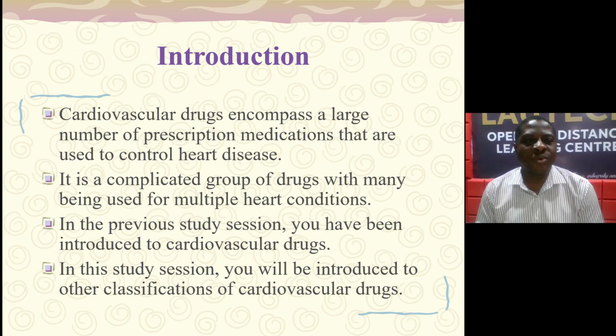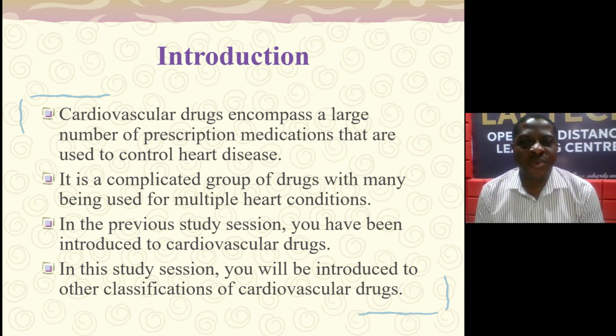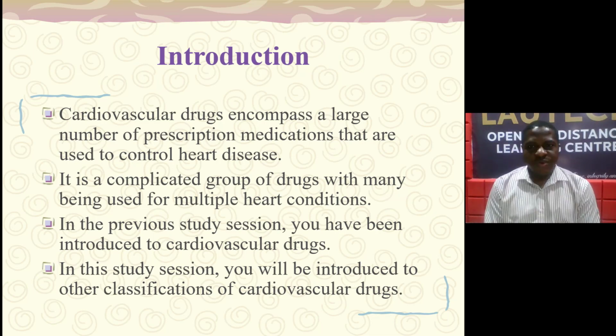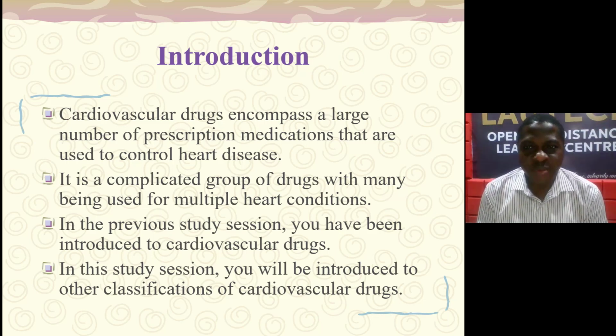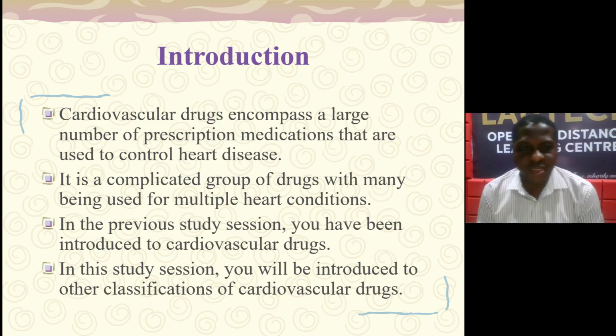By way of introduction, cardiovascular drugs encompass a large number of prescription medications that are used to control heart disease. It's a complicated group of drugs, with many being used for multiple heart conditions. So, what that simply means is that the drugs we'll be looking at are usually prescribed to take care of or to control heart disease.